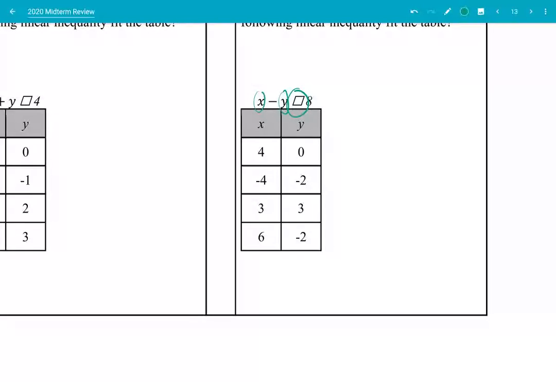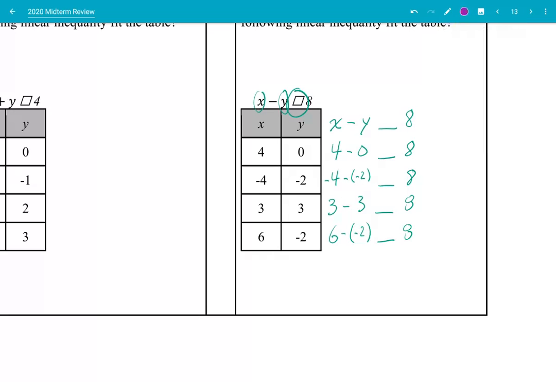So instead of x minus y something 8, now I've got 4 minus 0 is something to 8. Minus 1 minus 2 is something to 8. And then 3 minus 3 is something to 8. And then 6 minus negative 2 is something to 8.